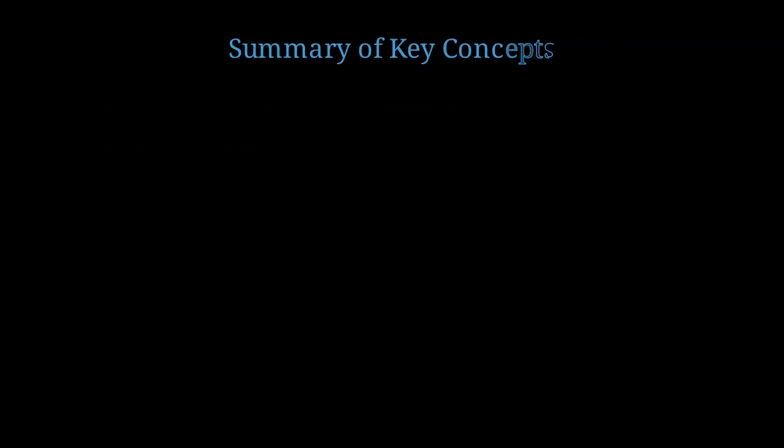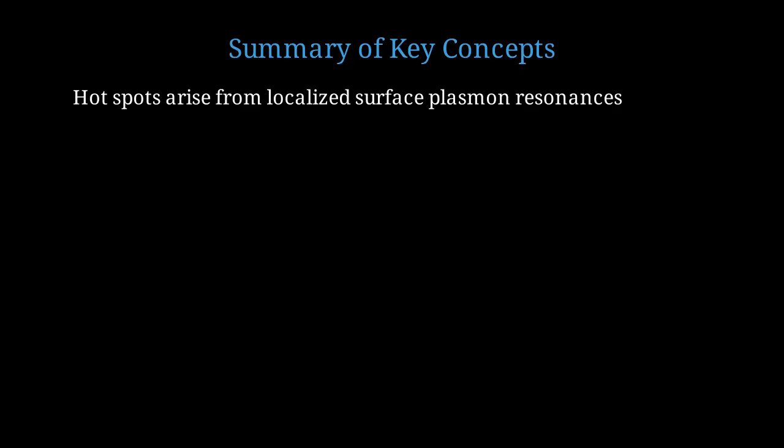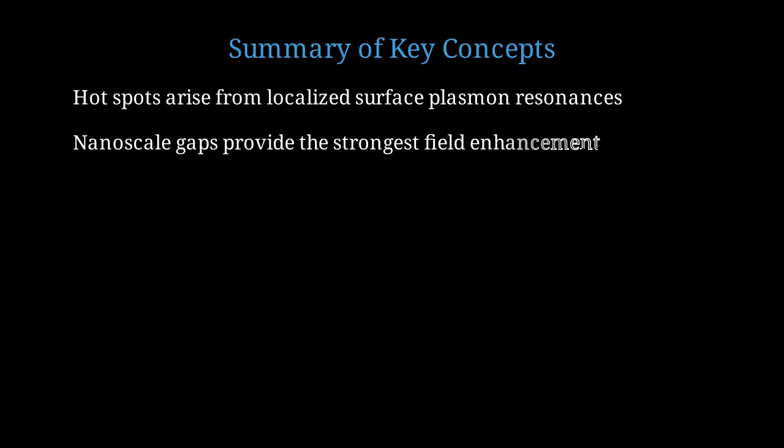Let me summarize the key concepts we've covered in this lecture. First, plasmonic hotspots arise from localized surface plasmon resonances in metallic nanostructures, where collective electron oscillations concentrate electromagnetic fields. Second, nanoscale gaps between nanoparticles provide the strongest field enhancement due to coupled plasmon modes and extreme field confinement.